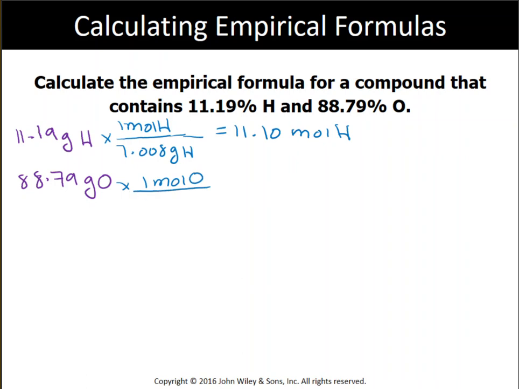Each mole of oxygen is 16 grams of oxygen, which gives us 5.549 moles of oxygen.